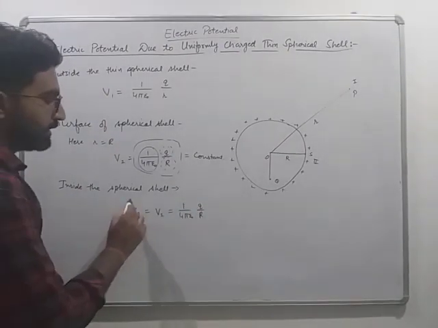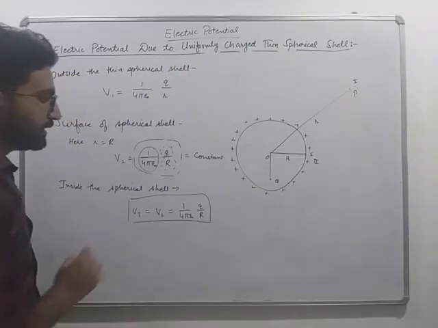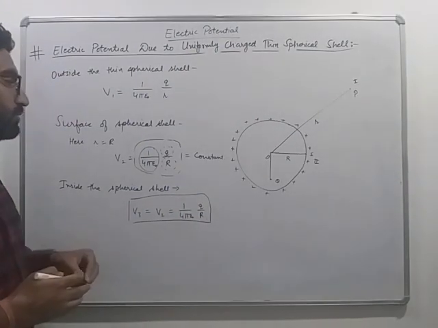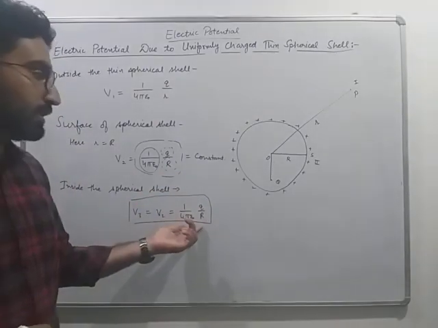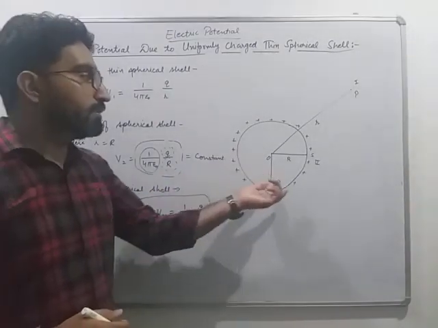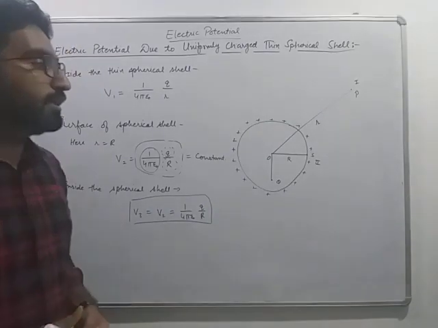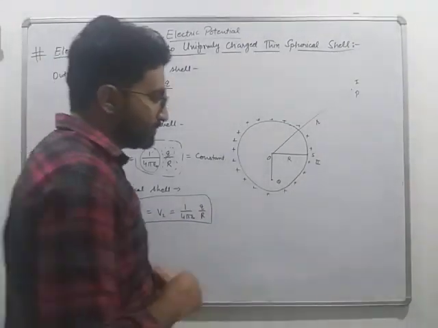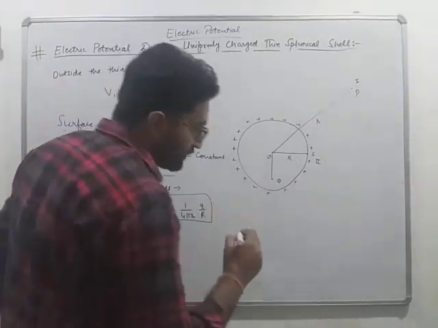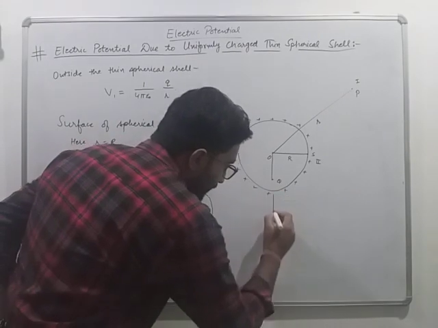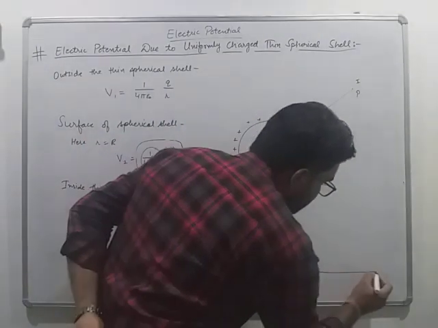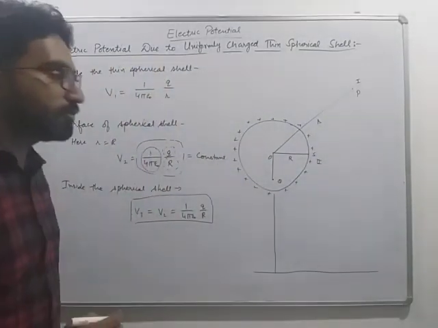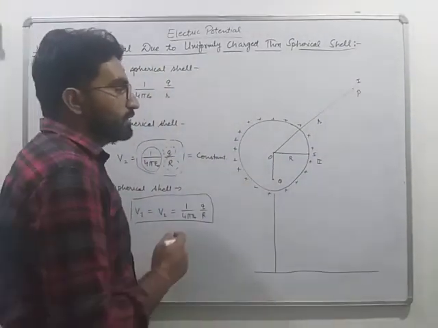Okay, the electric potential inside the thin spherical shell is equal to a constant quantity, and this constant potential also lies on the surface of the thin spherical shell. When we draw a graph for the electric potential, suppose the y-axis represents the electric potential and the x-axis represents the distance from the center of the thin spherical shell.